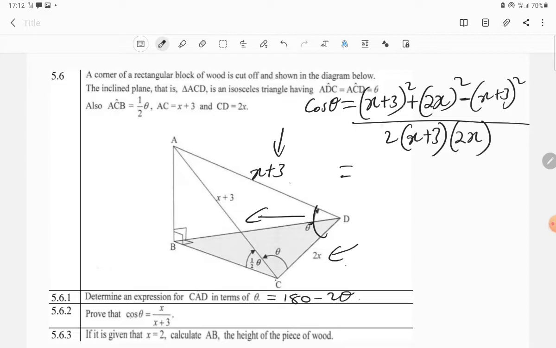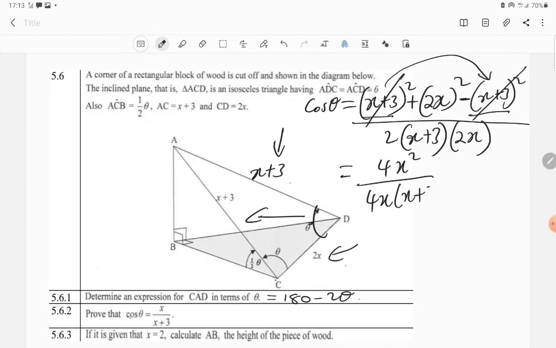On that note, in the numerator, you can see that these are like terms and they cancel each other, because this is positive and this one is negative. At the end of the day, you get rid of these, and you are left with 2x all squared, which gives just 4x squared, all divided by, in the denominator, 4x times x plus 3.